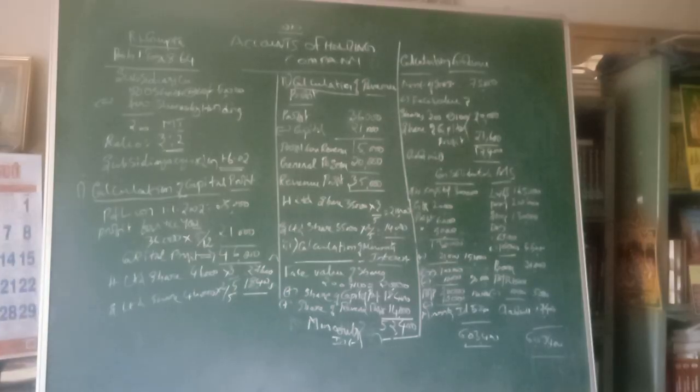So 75,000 minus 30,000 minus 27,600 gives a final balance of 17,400. This is called goodwill. If it were a negative figure, we would take it as capital reserve, whereas in this question it is 17,400, so it is taken as goodwill.